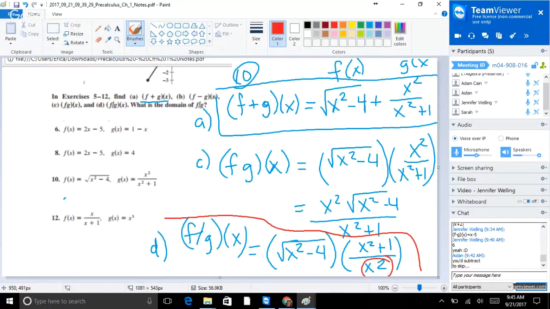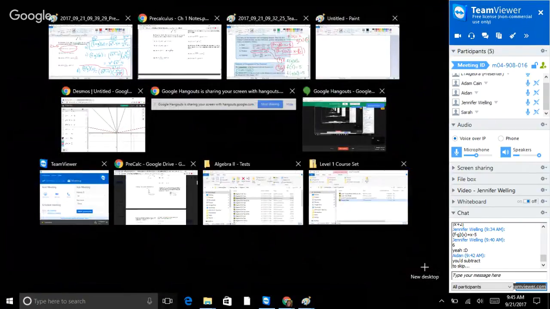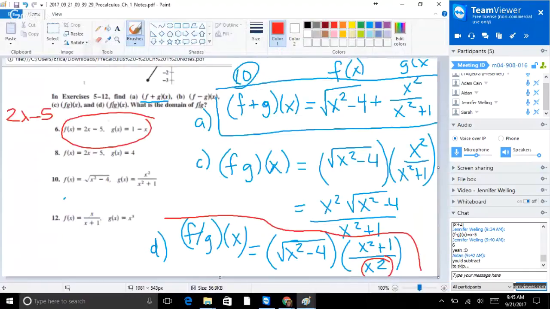Where you have to worry is if, for example, in this first example, f divided by g of x would actually be 2x minus 5 over 1, sorry, my pen thinks I'm scrolling my page. I apologize.